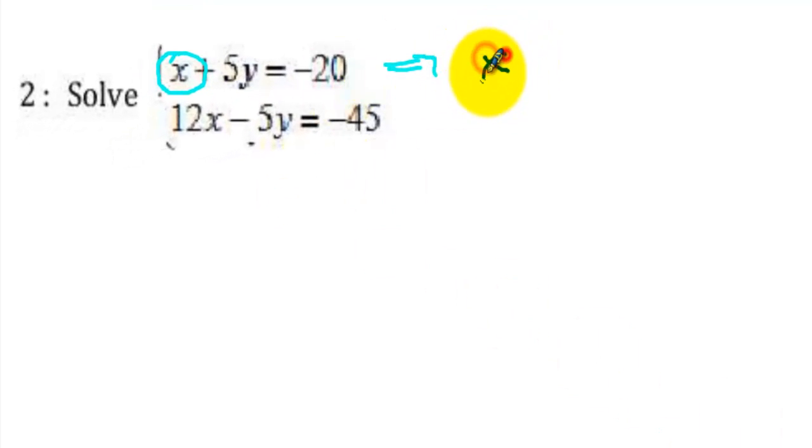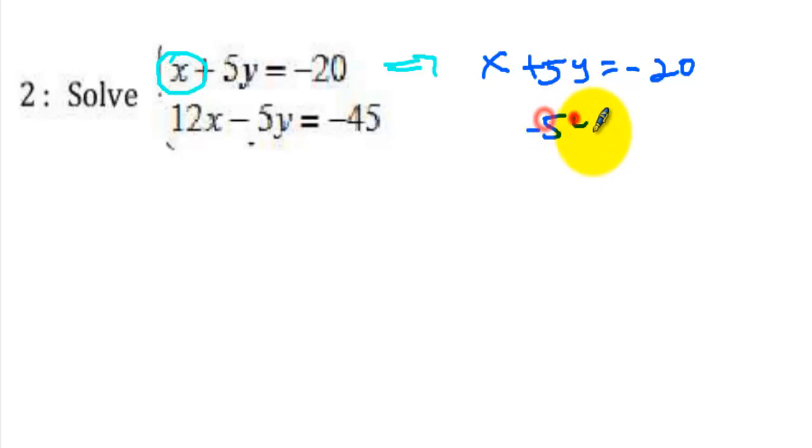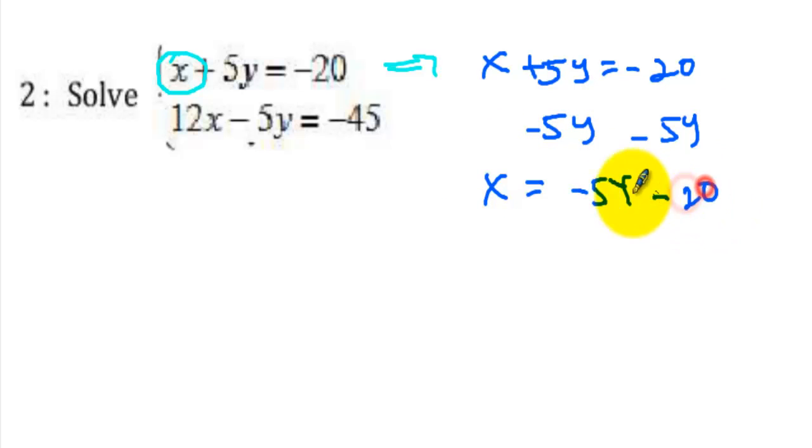So you will have x plus 5y equals -20. So subtract 5y from both sides. You will get x equals -5y minus 20. So this is now the value of my x from my first equation.